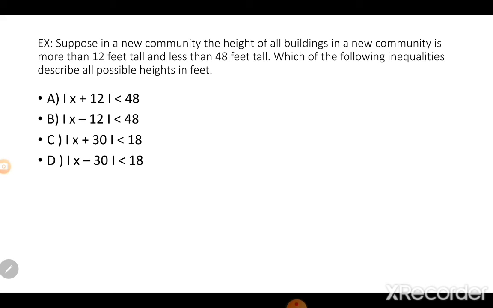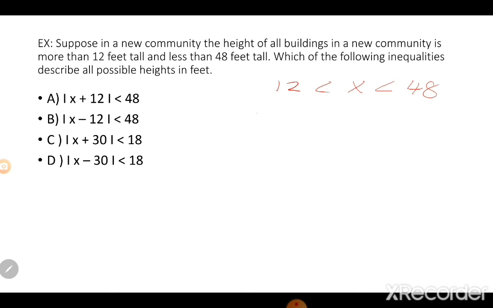So here we know that each building is more than 12 feet, so we can have x in the middle, but less than 48 feet. So here we have this inequality, but if we look at our answers, all our answers are in terms of absolute values. So we know to represent it in terms of absolute values, we need to find the midpoint.